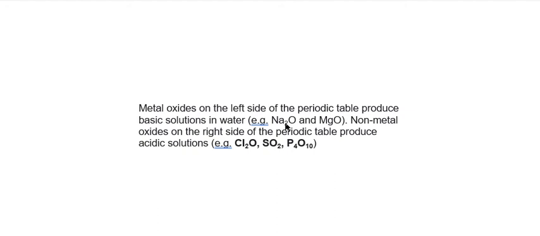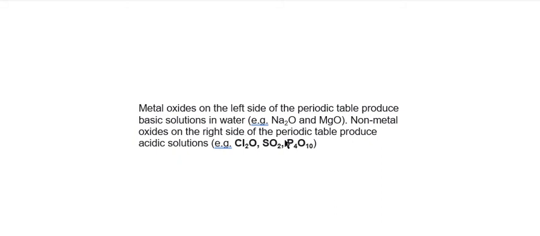So they are basic. Metal oxides are basic. On the other hand, non-metal oxides on the right side of the periodic table produce an acidic solution, like chlorine oxide, sulfur dioxide, phosphorus pentoxide. So these are acidic.